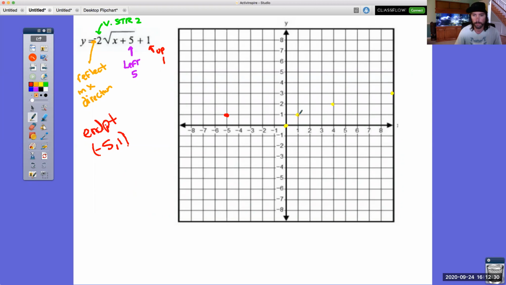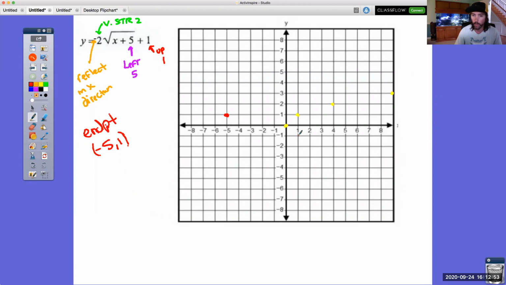1, 1. Okay, watch my cursor as I'm speaking. Don't look up and down. You're going to miss it. You can hit pause and then write it down. First, I'm going to do the reflection. This point where my cursor is 1 point above the x-axis, I'm going to flip it 1 point below the x-axis. Now I'm going to stretch it.